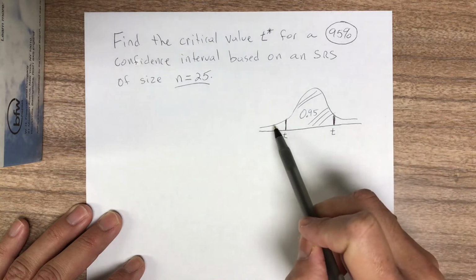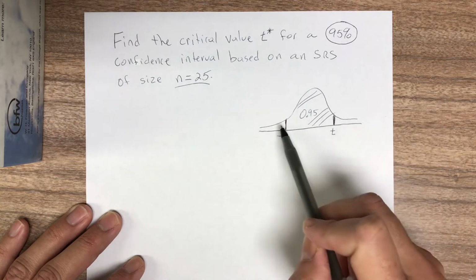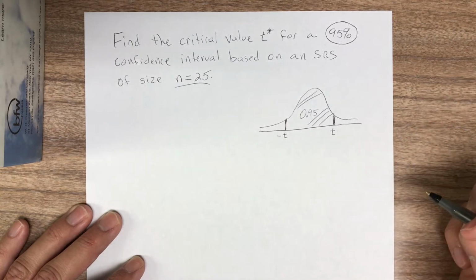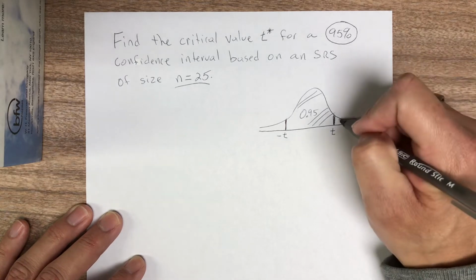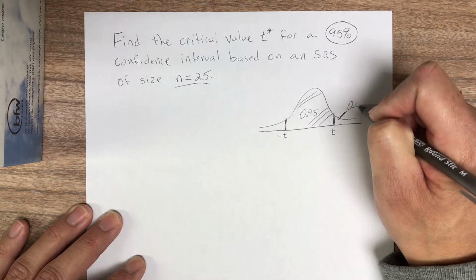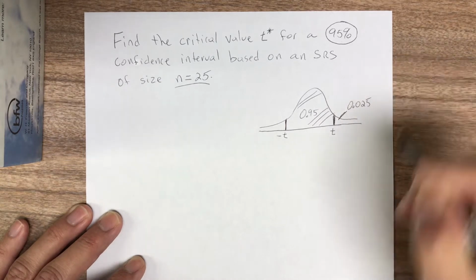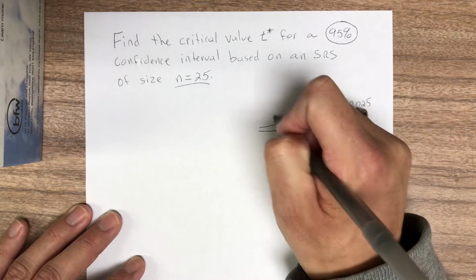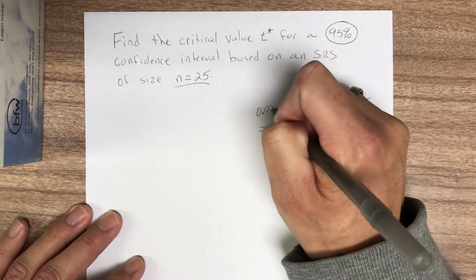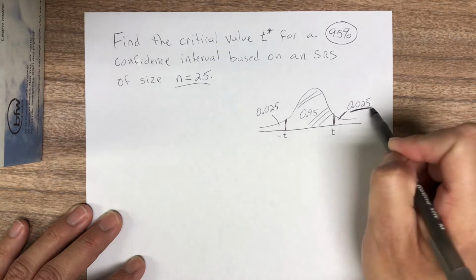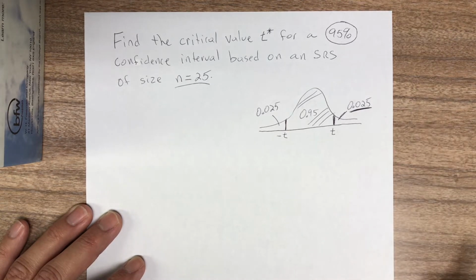So if the sum of the two tails has to be 5%, you divide that by 2. 5% divided by 2 is 2.5%, or as a decimal, 0.025. And the other side will also be 0.025. So this right here is the value that we're going to use in the calculator.